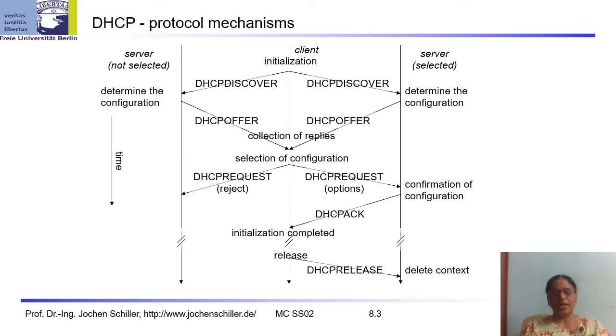So the client will send a DHCP discover message to discover any server that can provide an IP address to itself. This DHCP discover message could be heard by several DHCP servers. The DHCP server will respond to this DHCP discover message with a DHCP offer message, which consists of an IP address that can be allocated to that particular client.